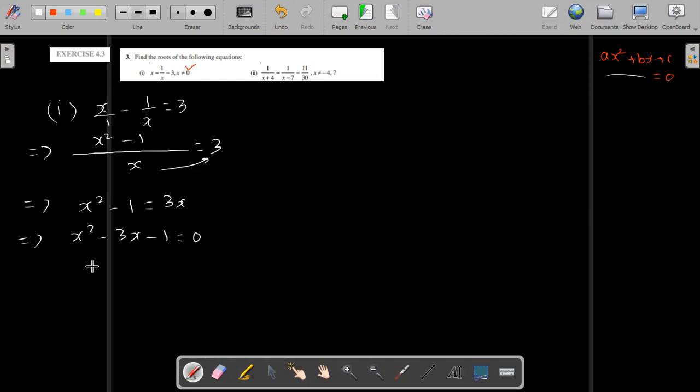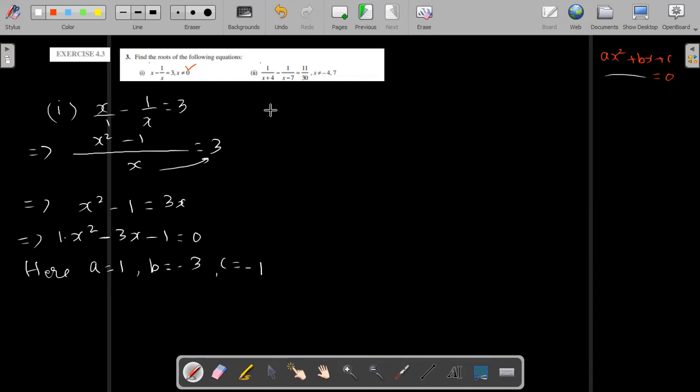Now we have the equation in standard quadratic form. Just remember this sign, don't forget to take this minus. So a is equal to what? 1. What is the coefficient of x square? 1. And the coefficient of x is b, that is equal to minus 3, and c is equal to minus 1.